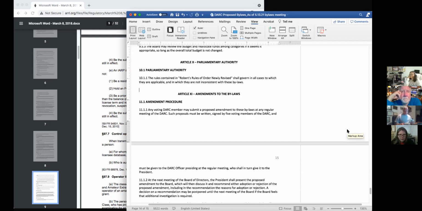Article 11, amendments to the bylaws. 11.1, amendment procedure. 11.1.1, any voting DARK member may submit a proposed amendment to these bylaws at any regular meeting of the DARK.